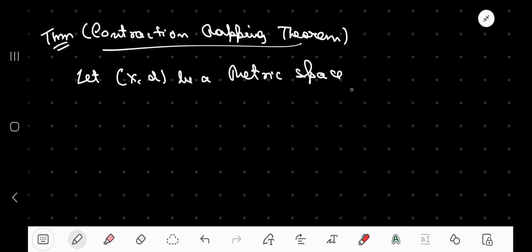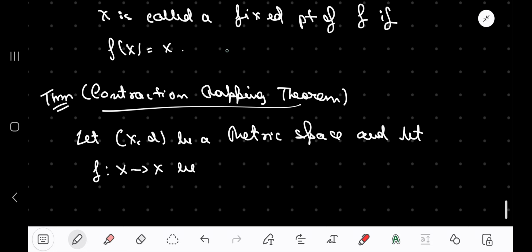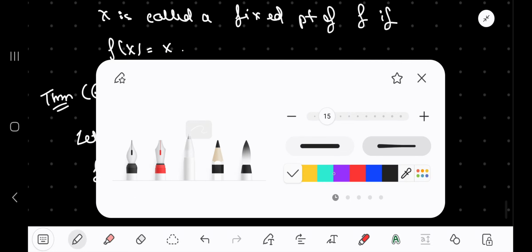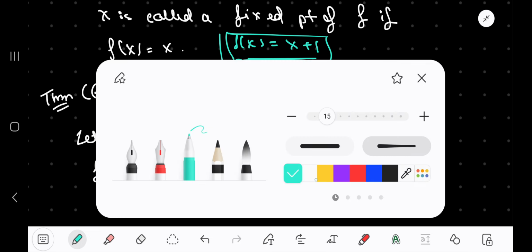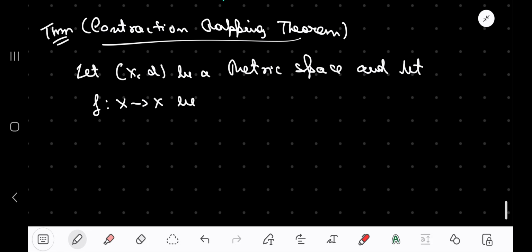Let (X,d) be a metric space, and let F be a contraction. But it won't work if it's just a contraction. For example, if I choose the map f(x) equals x plus 1, it has no fixed points, but we had seen that it's a contraction, but not a strict contraction. So for the contraction mapping theorem, what we require is a strict contraction.